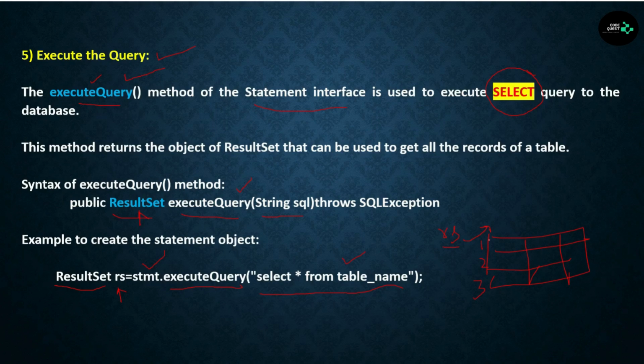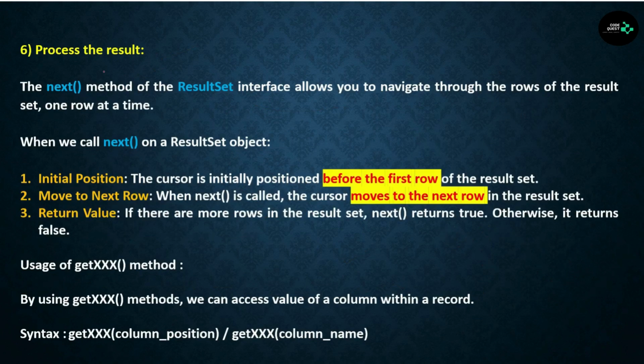Which means whenever I want to fetch this first record, I have to bring this result set reference to the first record, and for doing so we will be taking the help of one of the methods called the next method. Once we are about to process the result, like we said, the next method of the result set interface allows us to navigate through the rows of the result set.